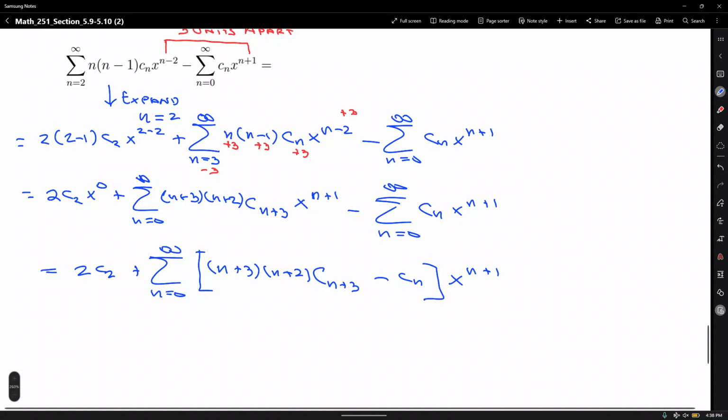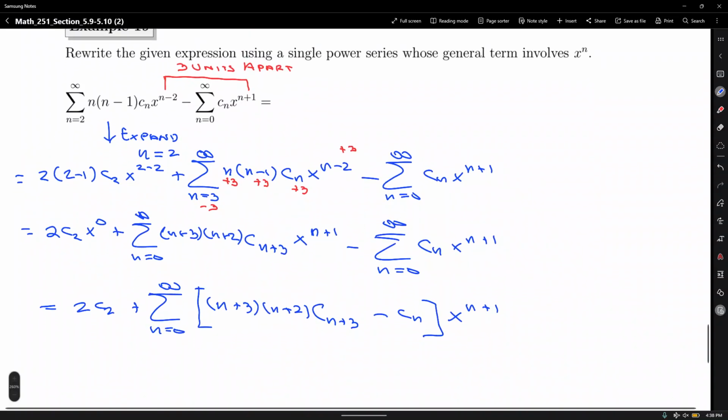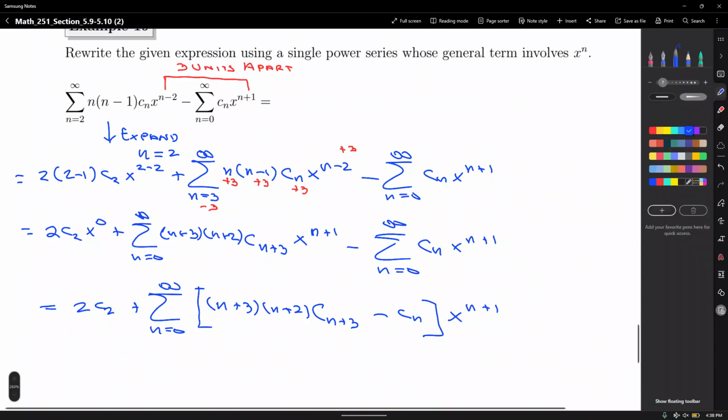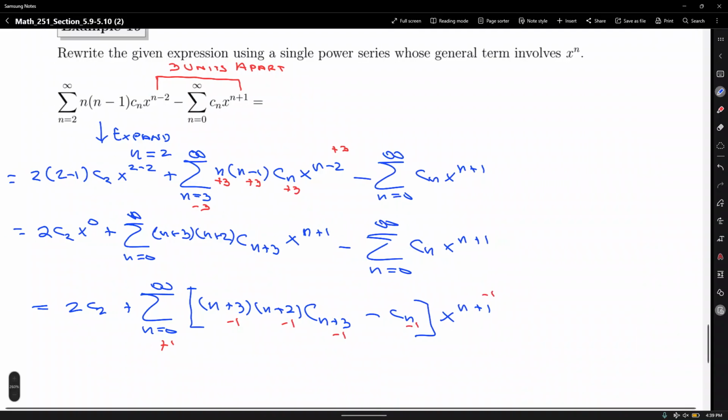But wait a minute, guys, we're not done. Remember the original instruction? We want a series where the power of x is n, not n plus 1. How about we do a complete shifting? What would you do? What do we do to the starting index? Add 1 and then subtract 1 anywhere else inside of the series, right?